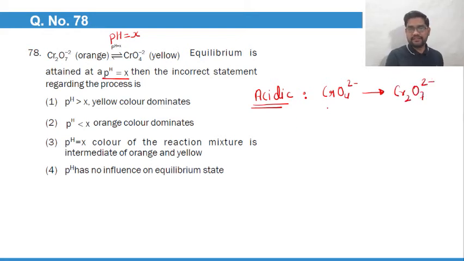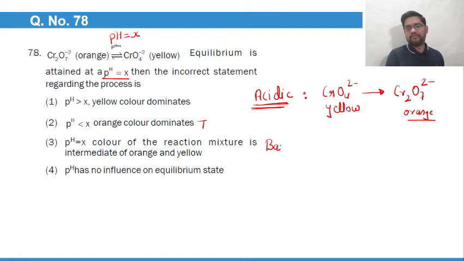That means this yellow color gets converted into orange. That means if pH is less, orange color dominates. So this is a true statement.